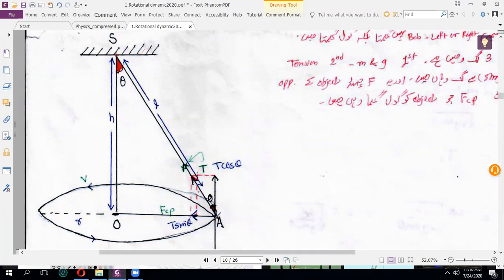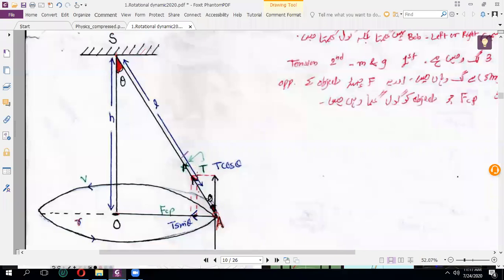This type of motion is called a conical pendulum. Now, suppose the object is somewhere here. I take this point A and this point O. From center to circumference, the distance is called radius, represented by R.